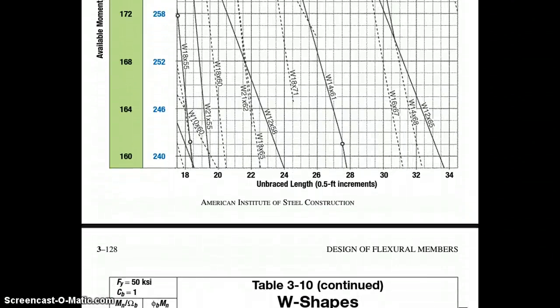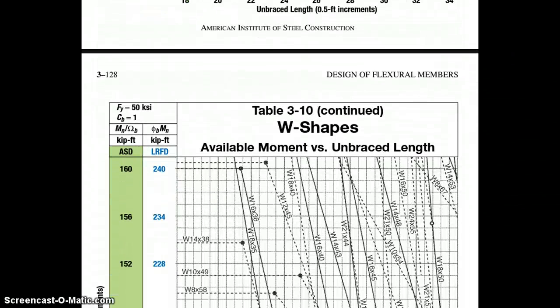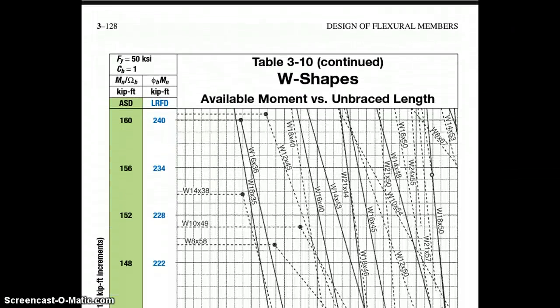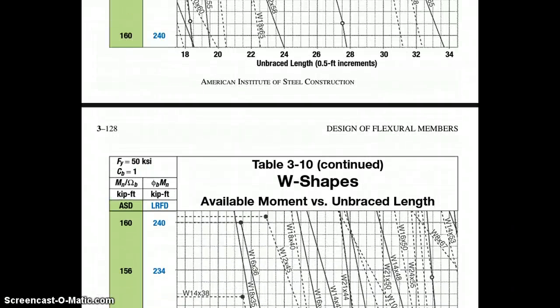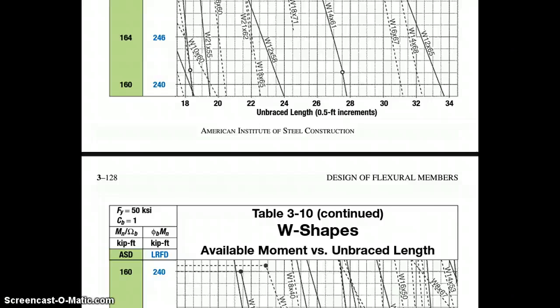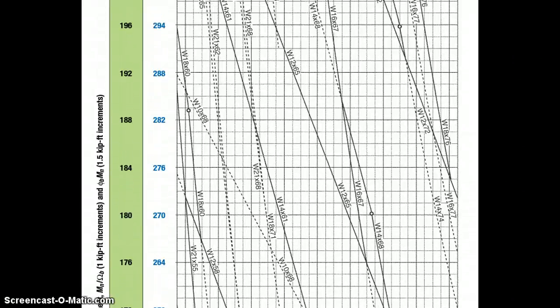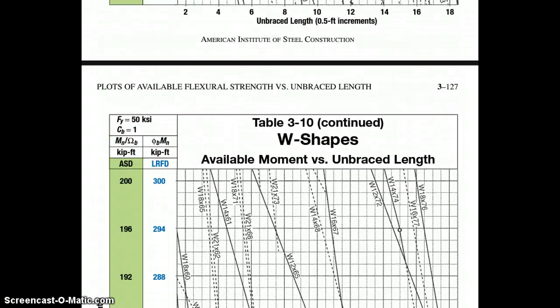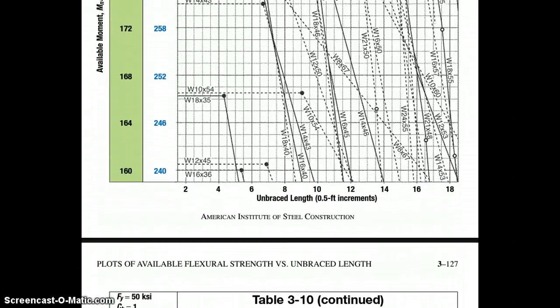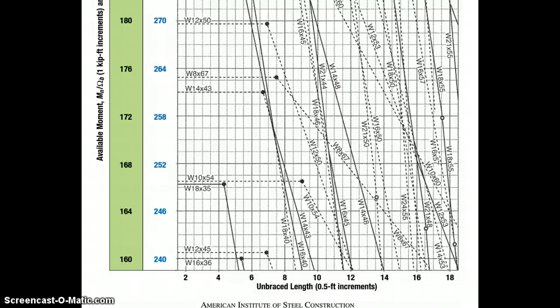Looks like I need to go to the next page, 3-128. Oh, looks like I need the page before. I need to find 8 feet. Okay, 3-126, we have 8 feet.